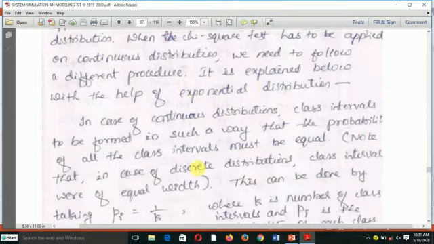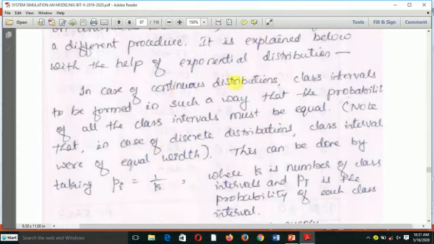When you use a continuous distribution, the class intervals have to be formed in such a way that the probability of all class intervals must be equal.